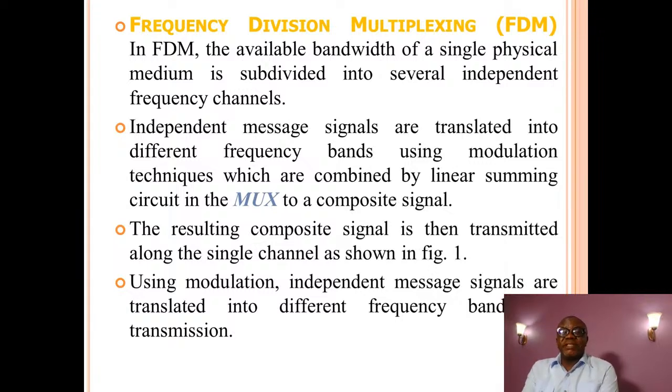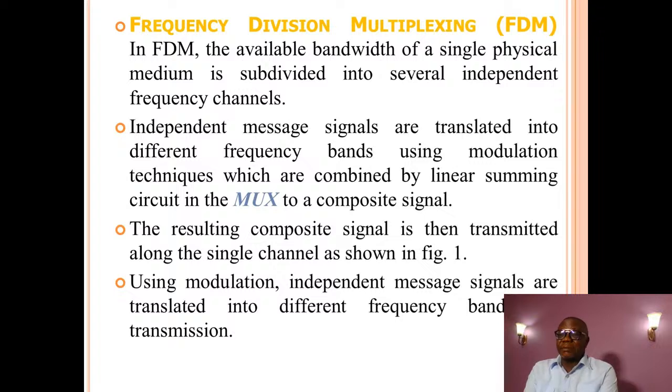Independent message signals are translated into different frequency bands using modulation techniques, which are combined by linear summing circuits in the mux block into a composite signal. In the past lectures, I've talked about modulation techniques.